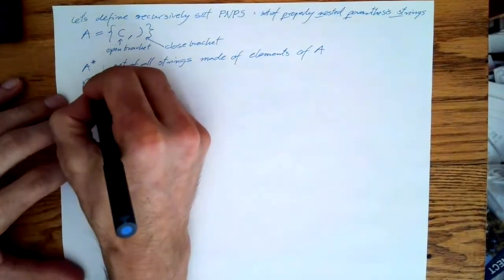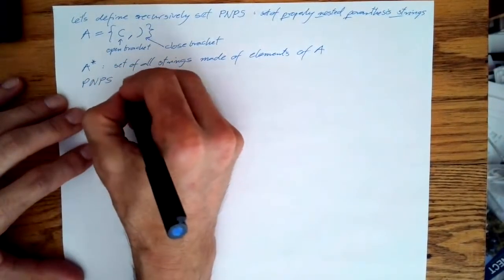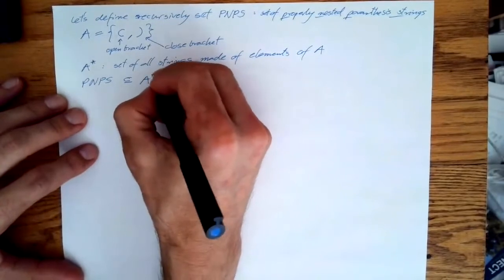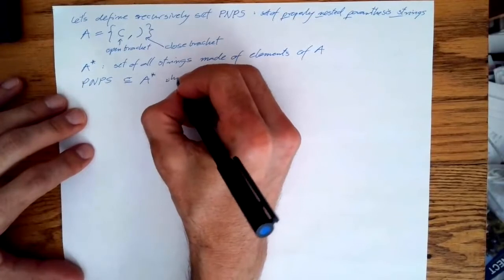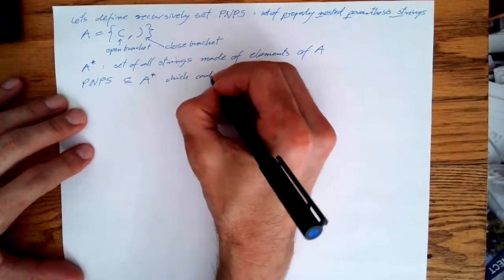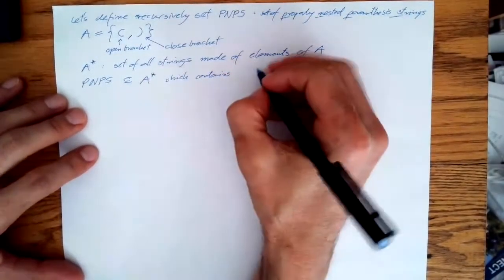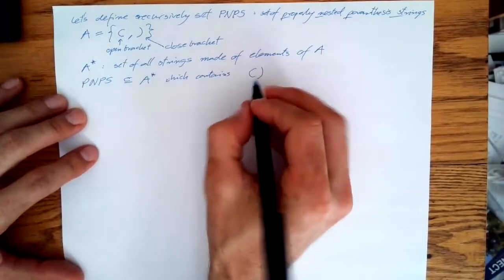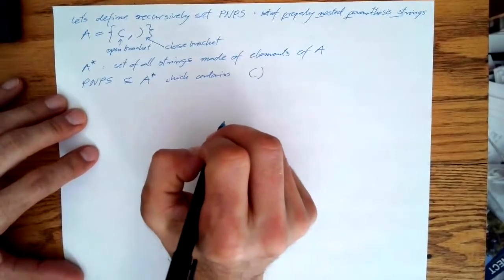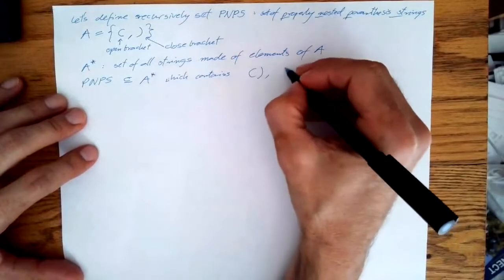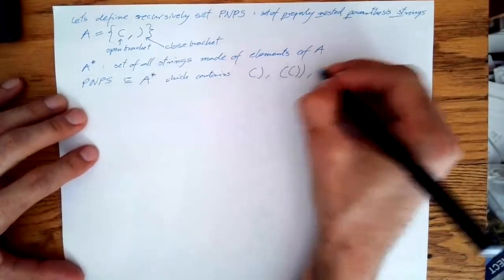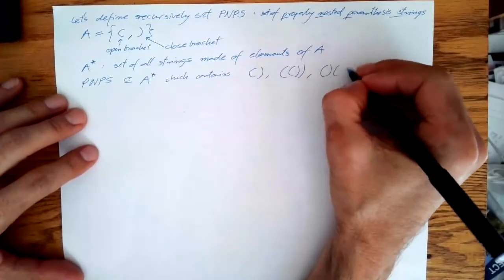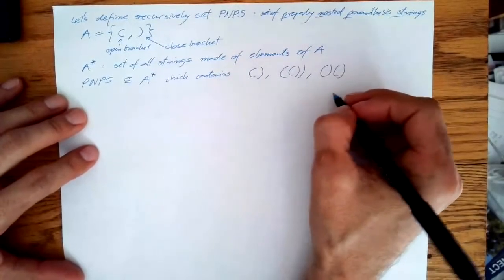Now, P and PS is going to be a subset of A star, which contains things like that, because it's open, closed. It also contains open, open, close, close. Or open, close, open, close. This is properly nested.